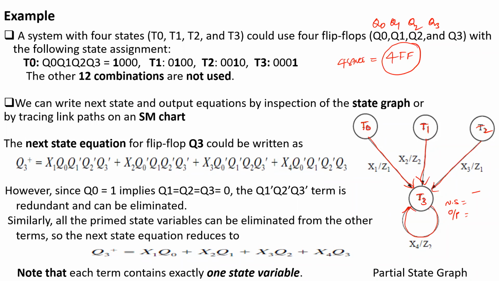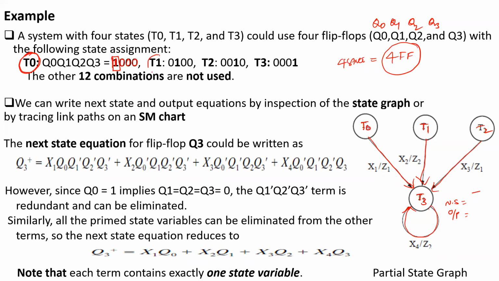For example, if you are in the T0 state, the flip-flops output is 1 0 0 0. I'm showing the 4 flip-flops output here for this particular state. You can observe carefully that only one flip-flop is active and the other flip-flops are inactive.